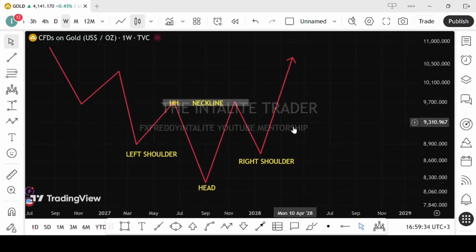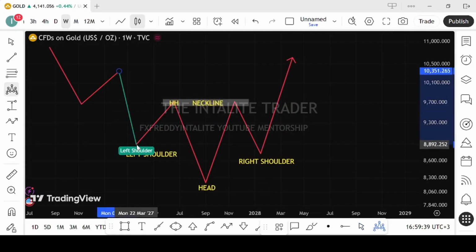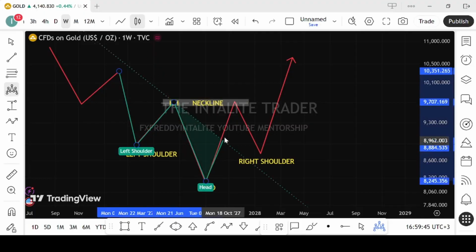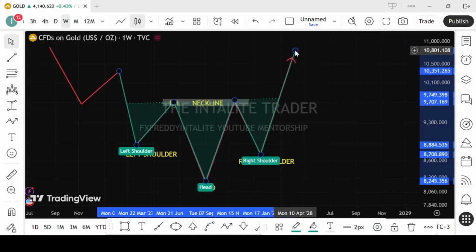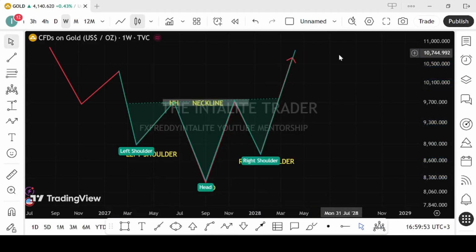It may not appear picture perfect, just like the way this one is. My students know these things very well. When they see a head and shoulder pattern which is not like the usual one, this is picture perfect. But at times the market is not perfect.